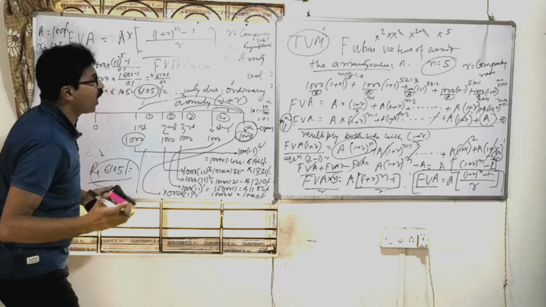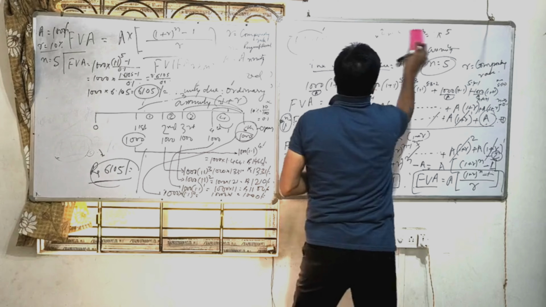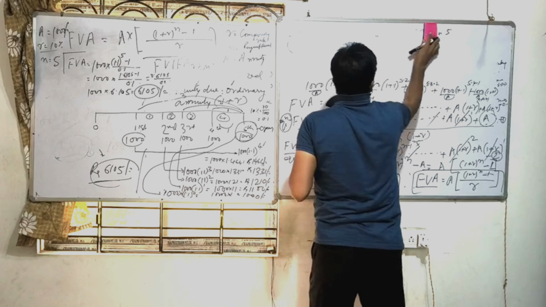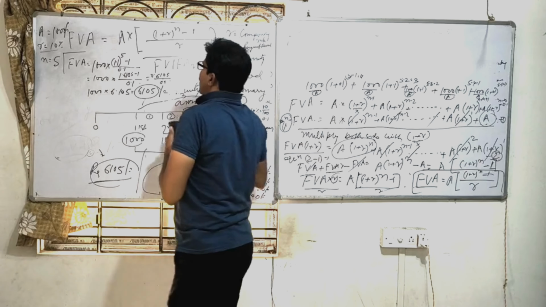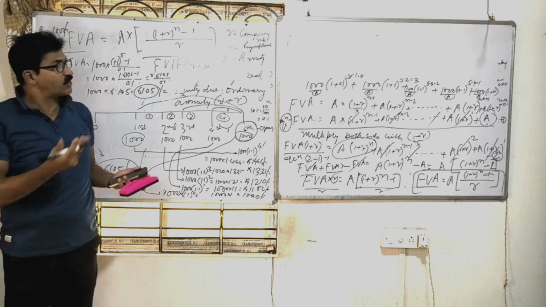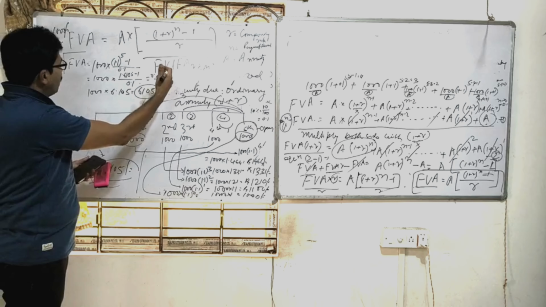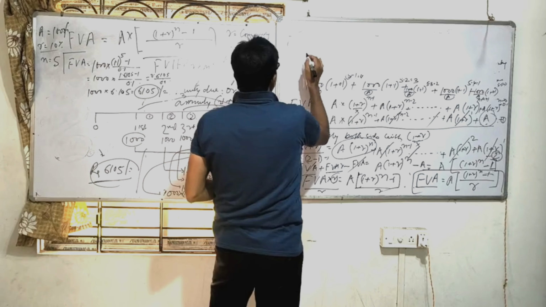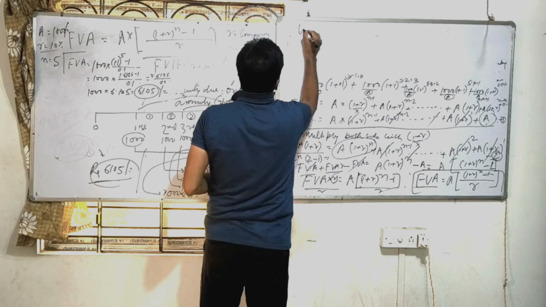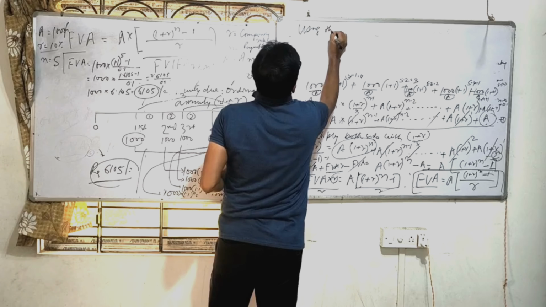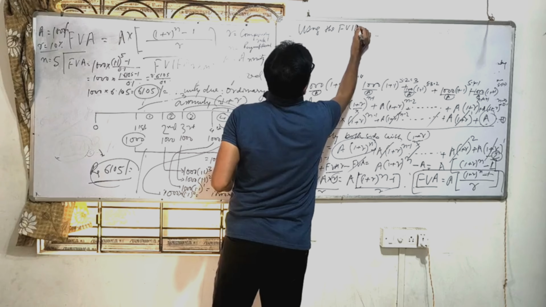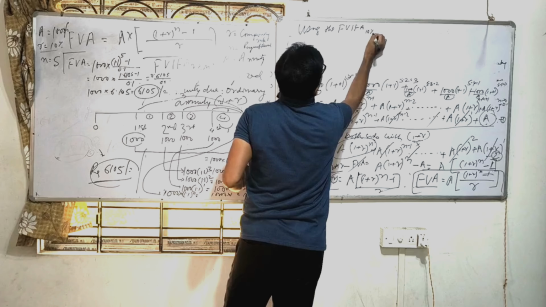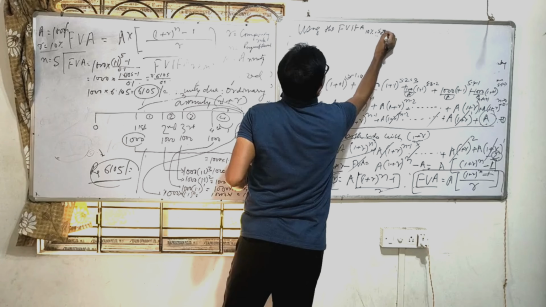Another way I will find out is by putting the value from the table. So you see how interesting everything is. We have put everything and got the result. Now getting the result using the future value interest factor annuity for 10%, 5 years.